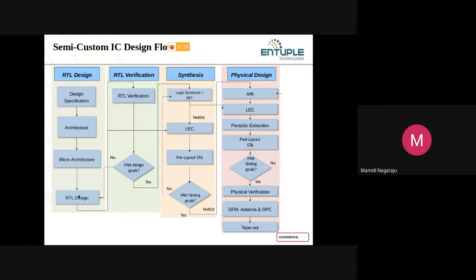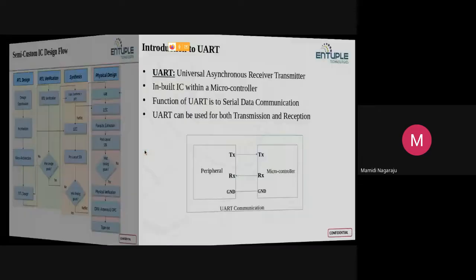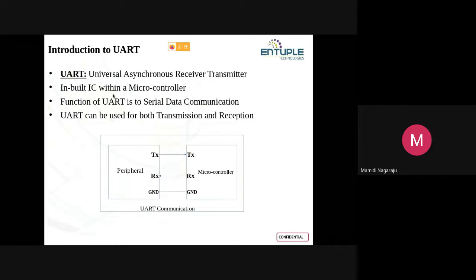Once your RTL code is ready, you need to verify your functionality, and you give certain test cases in the transmitter section. UART means universal asynchronous receiver transmitter. Why do we call it asynchronous?